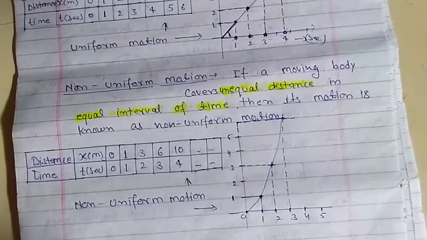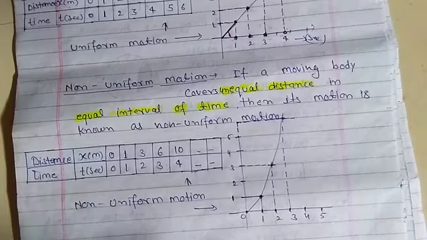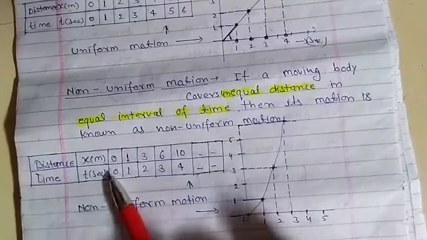It means in distance and time, one quantity will be the same or the other will be different.